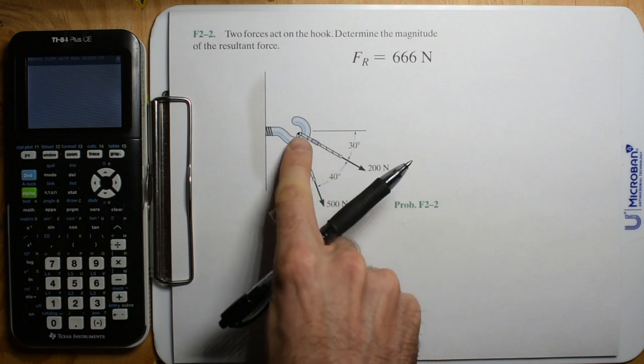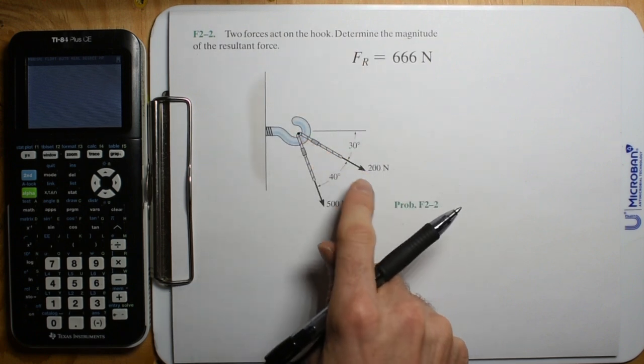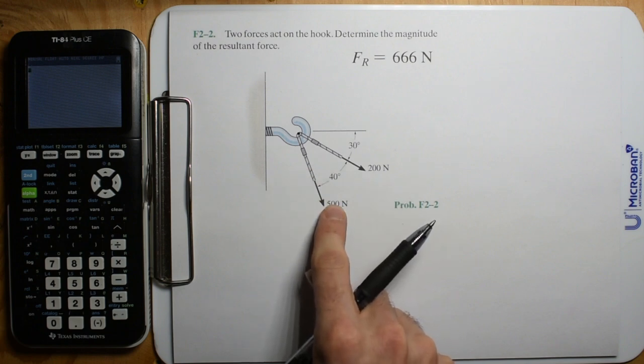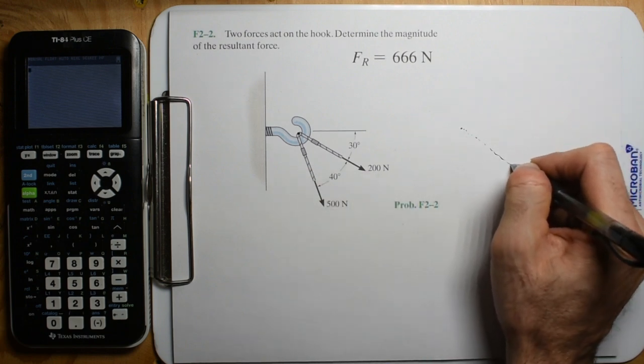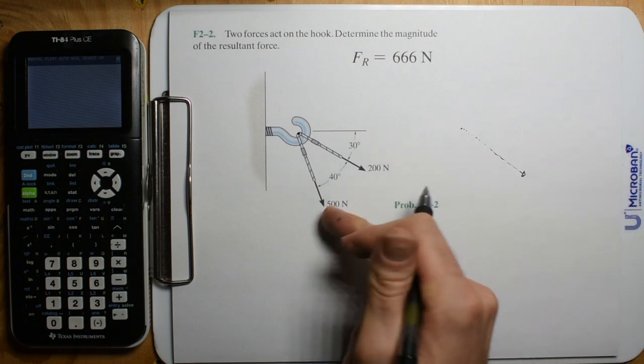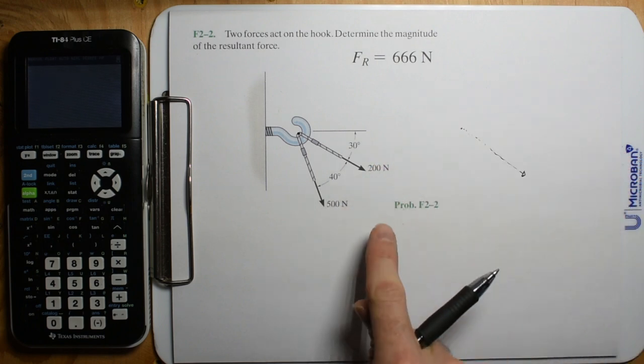If you're pulling on this little point with two different forces, you could say that's equivalent to that same point with a single force, just by adding these two vectors. That's basically what we're doing: vector addition.